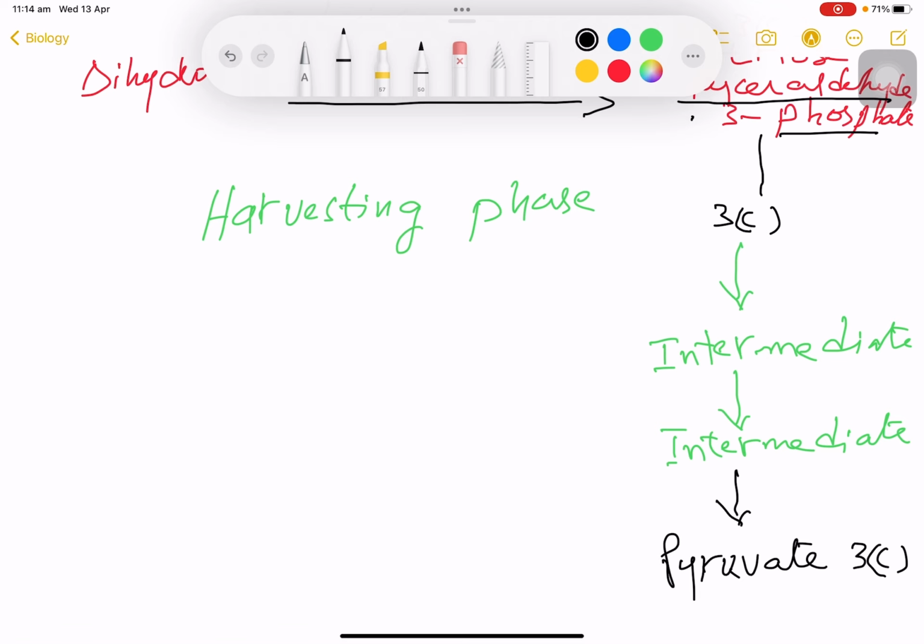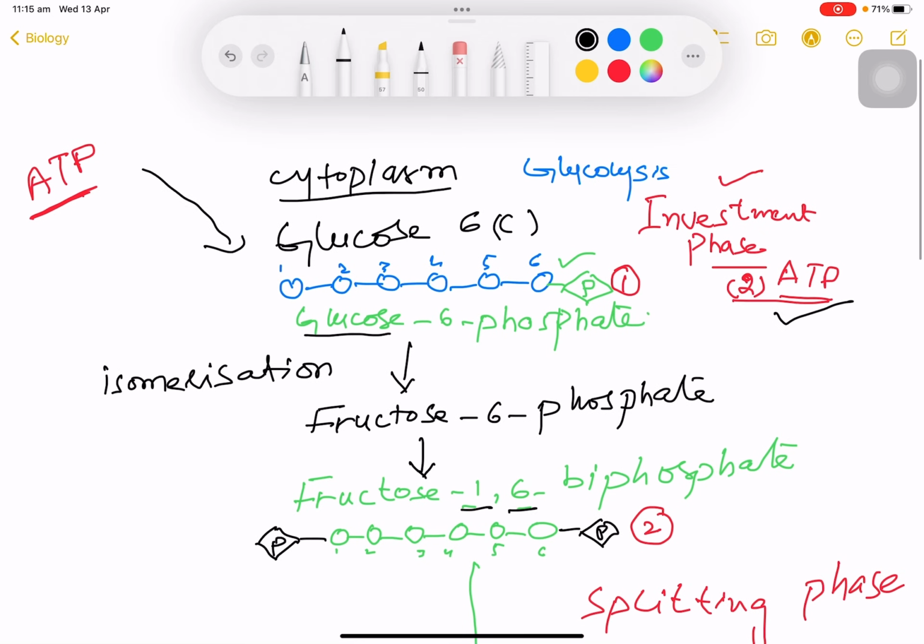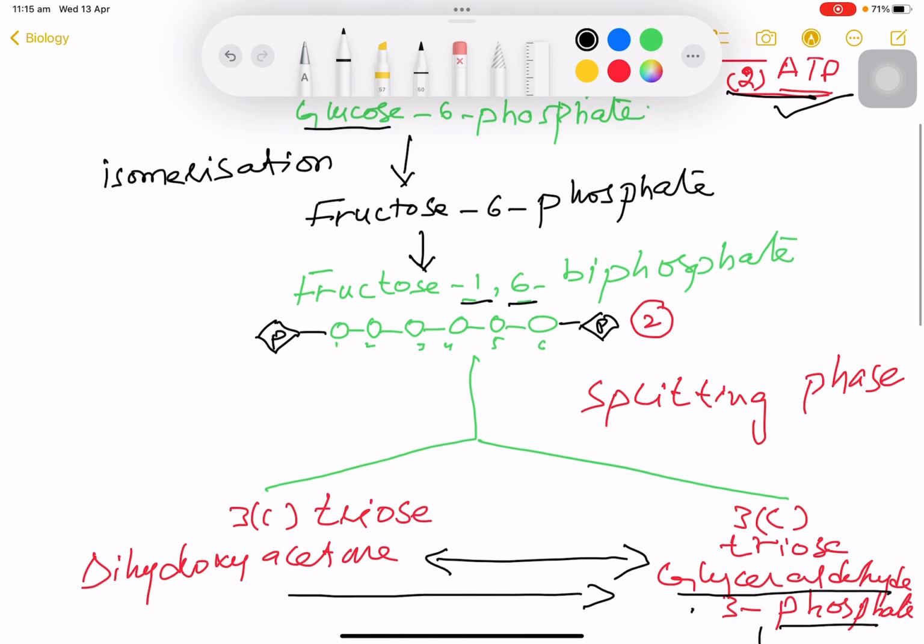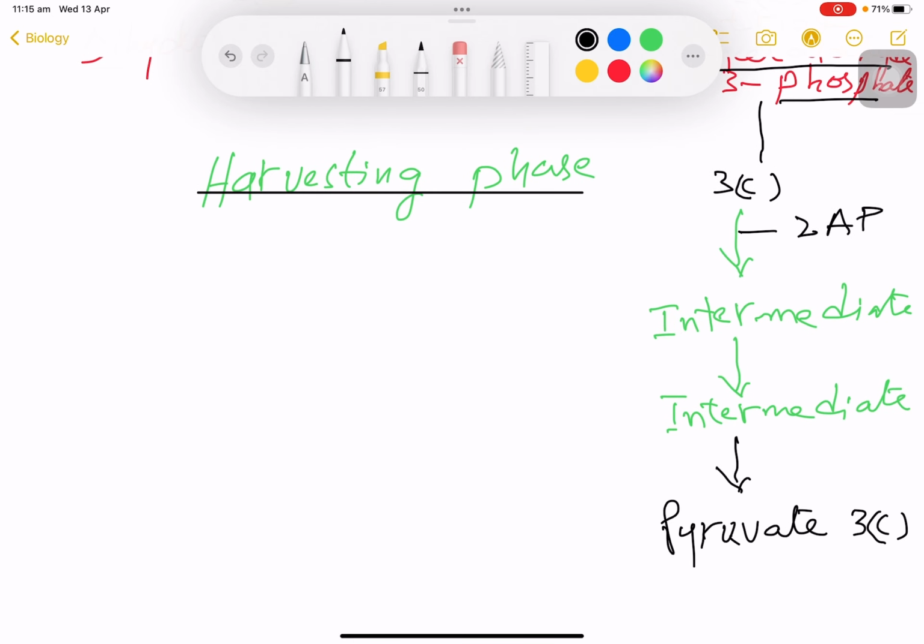But what happens during this phase? Here 2 ATP are formed. 2 ATP we harvested here in the harvesting phase. But you must be thinking, why did we invest 2 ATP, as I told you, and now we are harvesting 2 ATP?